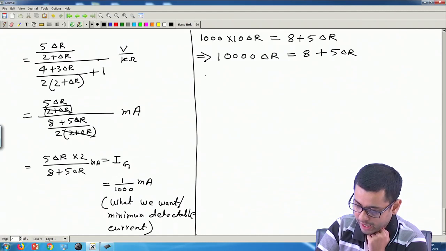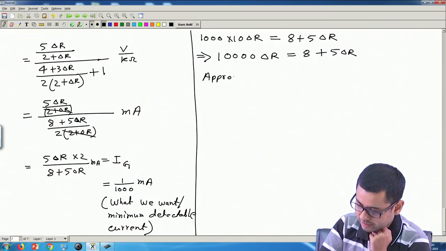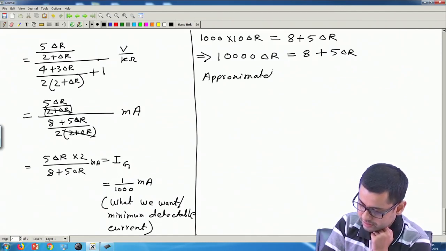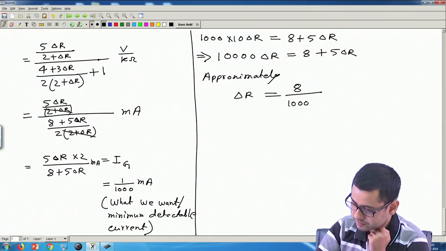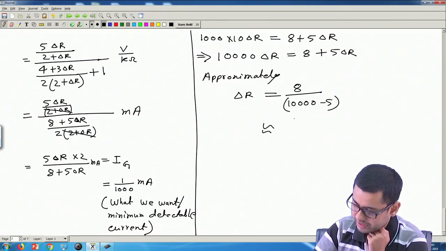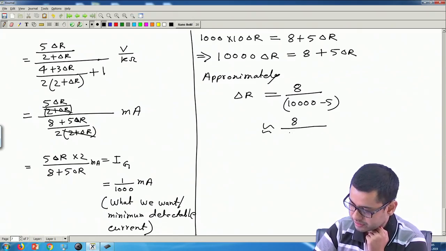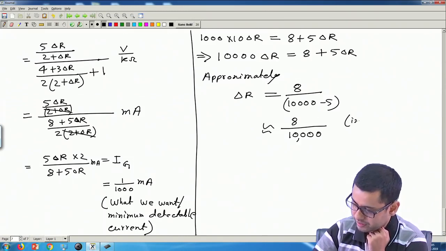So delta R is approximately 8 by 10,000, ignoring the 5, and this is in kilo ohm.